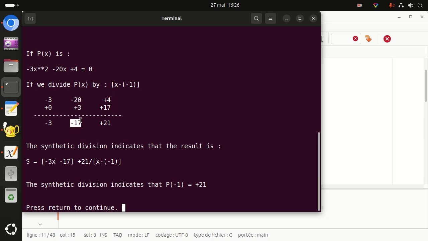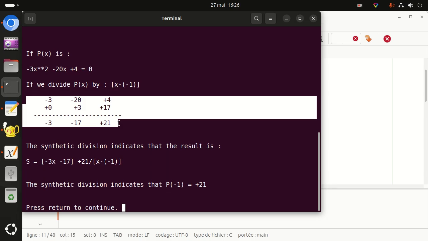This gives minus 17. I multiply minus 17 by minus 1. This gives plus 17. I add 4 plus 17. This gives plus 21. This is the algorithm of the synthetic division.